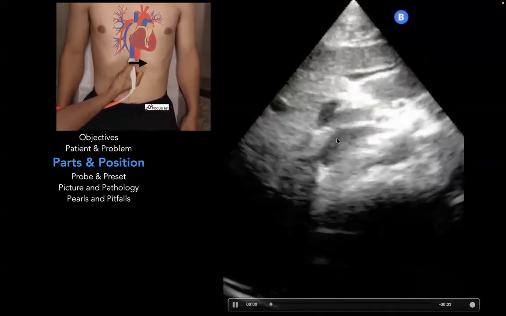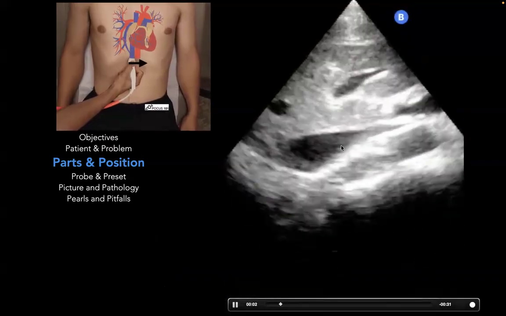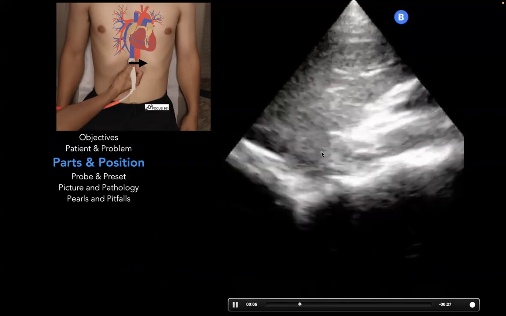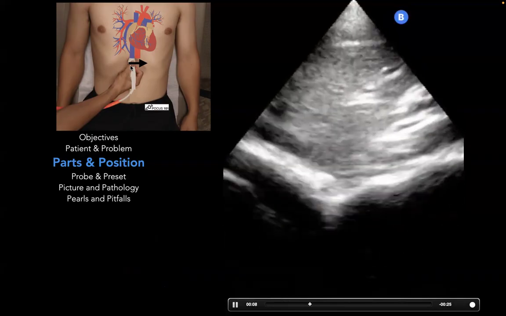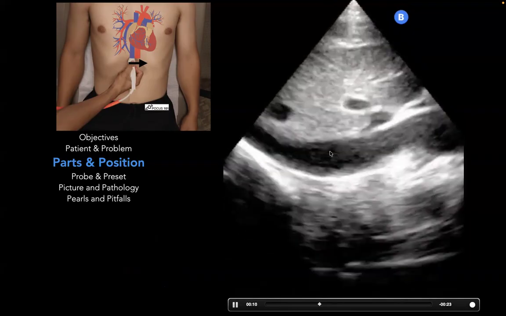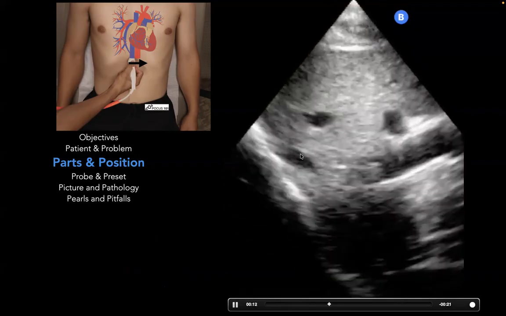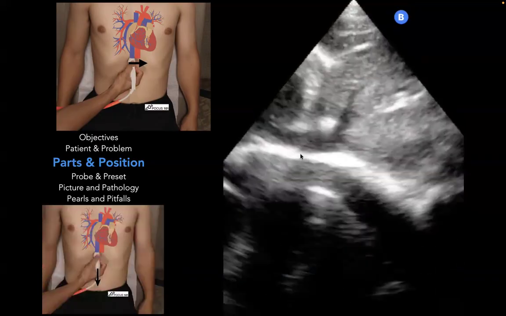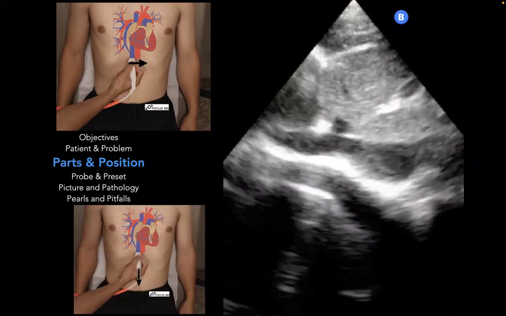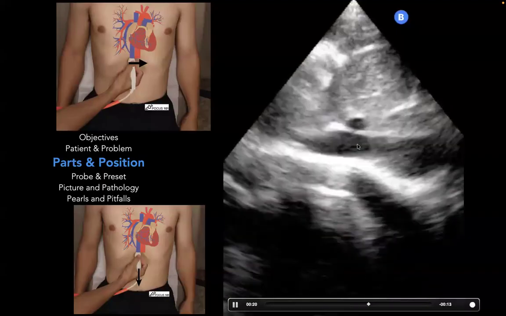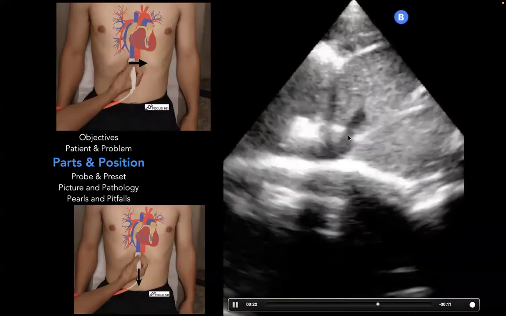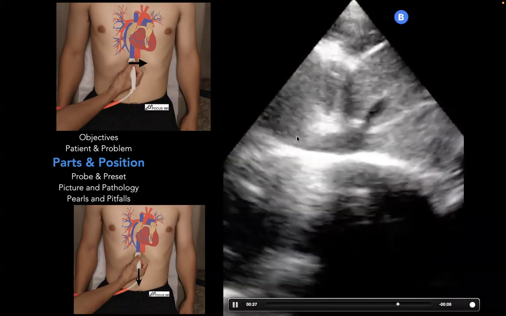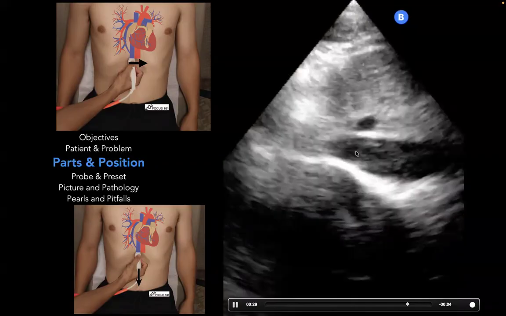So when you find the IVC, this is how the IVC looks. And you can look at it in horizontal axis, which is like this, or in the longitudinal axis, like this, as you turn the probe 90 degrees towards the patient's head, like so. And when you have the probe in the longitudinal axis, you can see the hepatic veins draining into this IVC, and it goes into the right atrium.